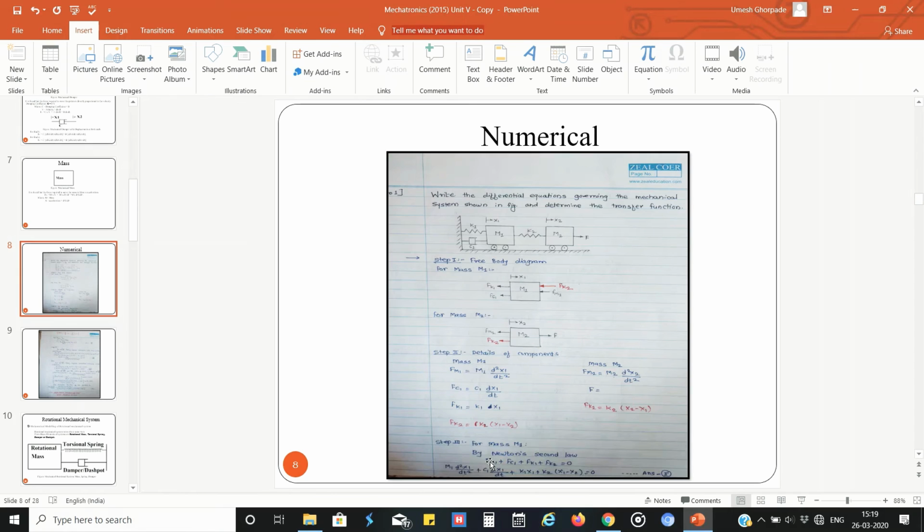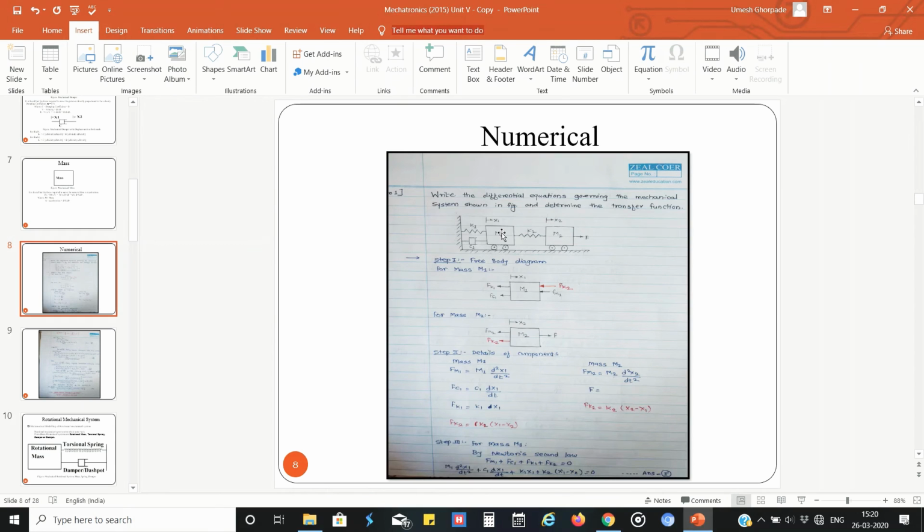Fm1 is m1 d square x1 upon dt square, Fc1 is c1 dx1 upon dt, plus k1 x1, plus k2 (x1 minus x2) is equal to 0. So this is the first differential equation for mass m1.